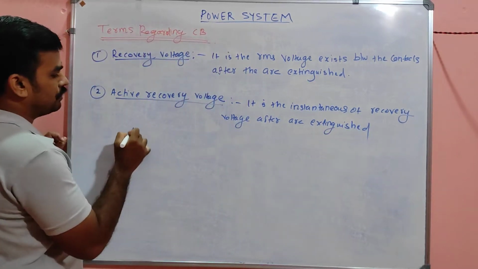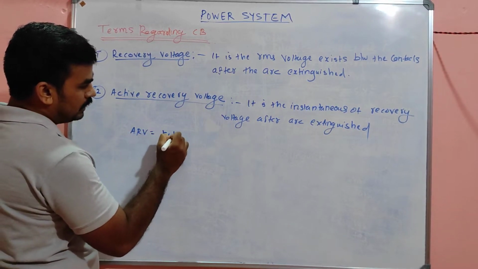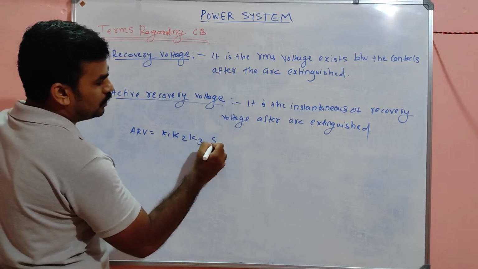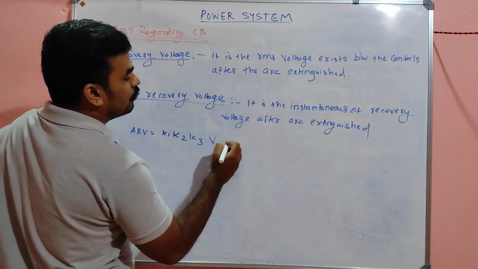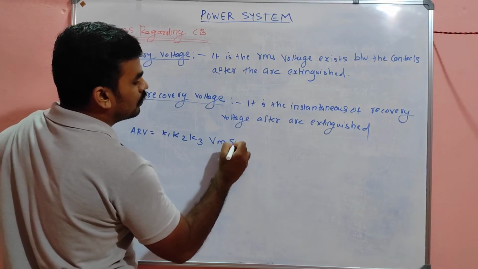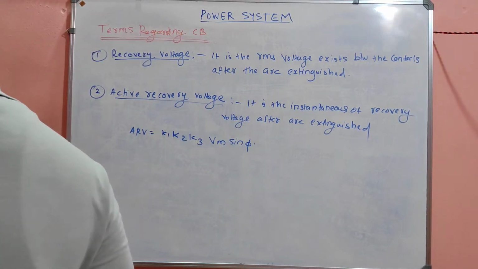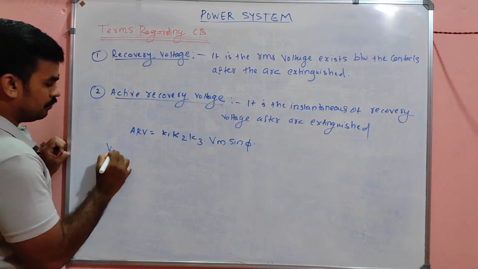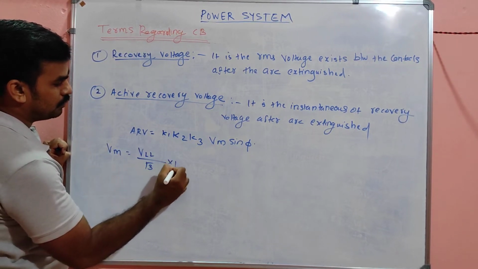And active recovery voltage is represented like K1, K2, K3 into Vm sin phi, where Vm is equal to VL by root 3 into root 2.